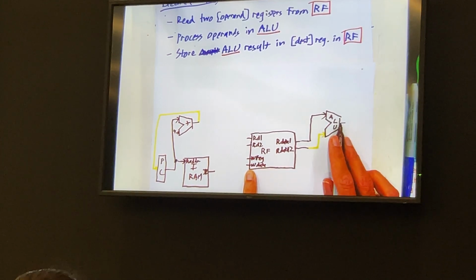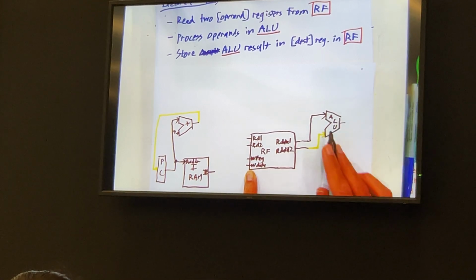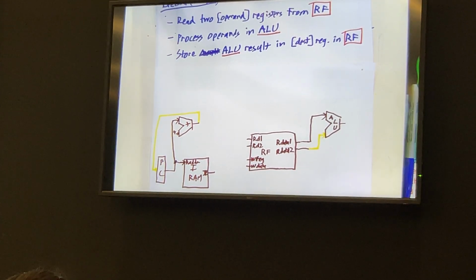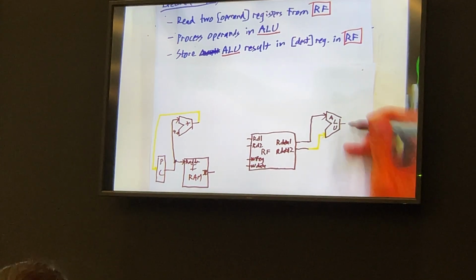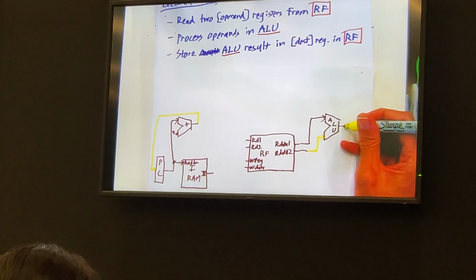This is the 32-bit line producing 32 bits of the result, which is data. It's not producing the address of the register, which is a 5-bit line that picks one of the 32 registers. So it's going to be connected to this, and that one I'm going to put in yellow, though you'll see that later.